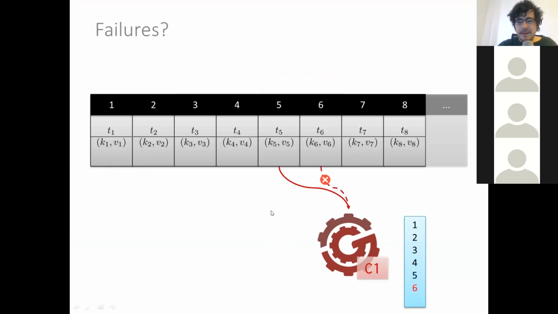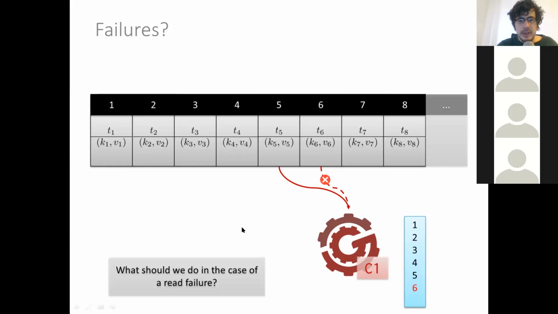So we have to be careful though, because in a distributed setting, we always have to be aware of the possibility of failures. So in the case of failures, we need to have some sort of way of dealing with those failures. So how do we do this? Actually, there's a number of options of how to handle this sort of situation.